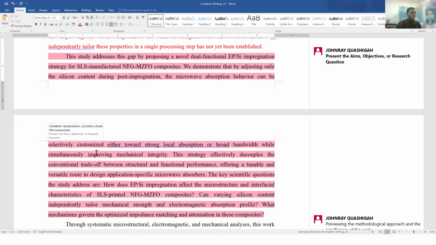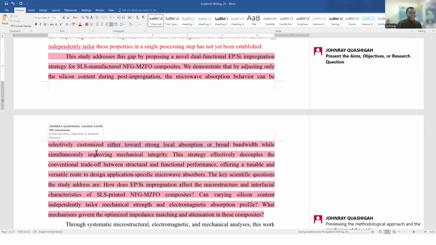Can varying silicon content independently tailor mechanical strength and electromagnetic absorption profile? What mechanisms govern the optimized impedance matching and attenuation in these composites? Thank you so much for reading for us.